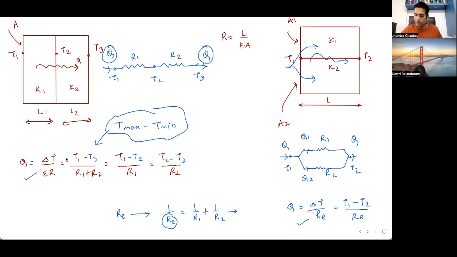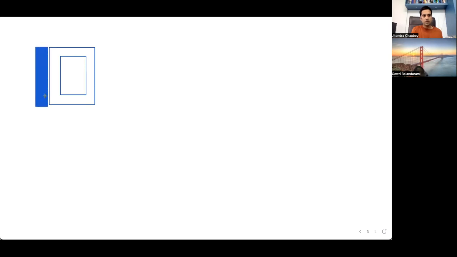Okay. So what exactly it is? It is like a hollow brick, and hollow brick has got some insulation in front of it, I think. Right? So R1, Ri.